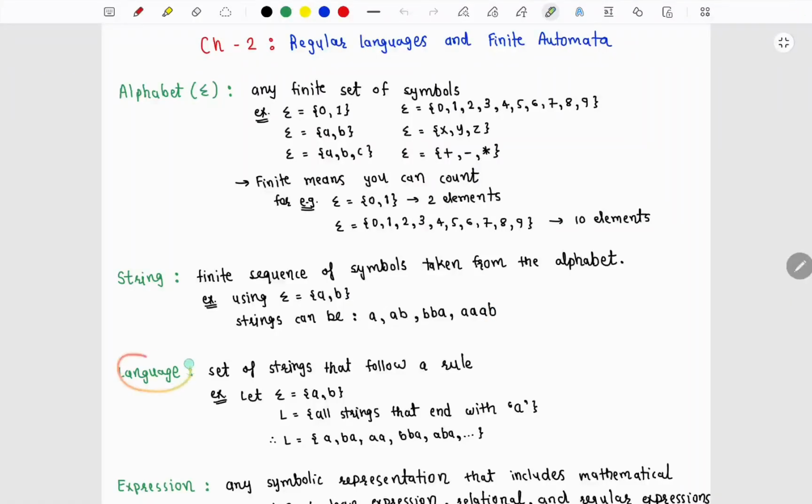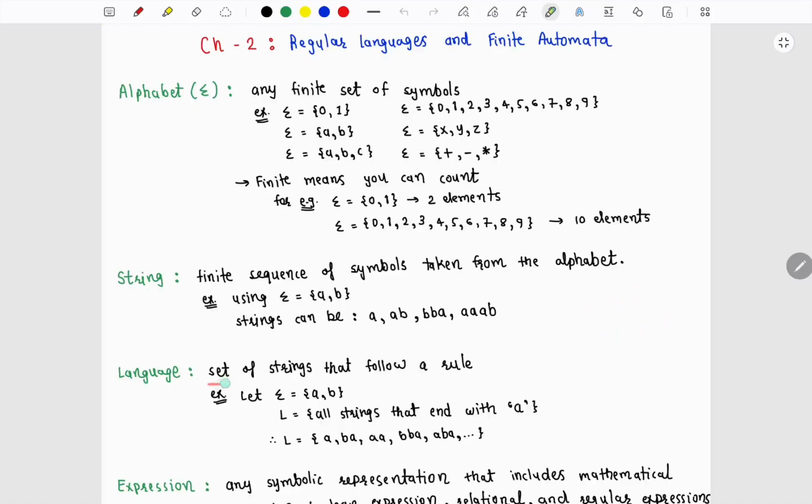Now, what is language? Language is a set of strings that follow a rule. First is alphabet, then it comes string, and then language. Here we can say that language belongs to string belongs to alphabet.